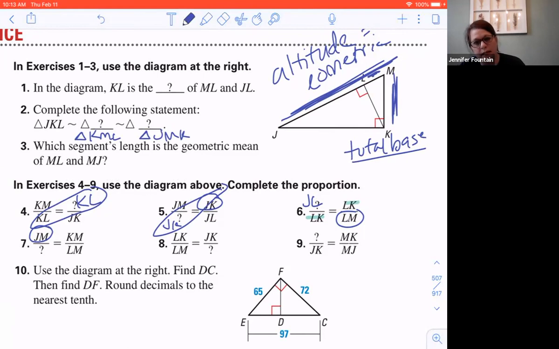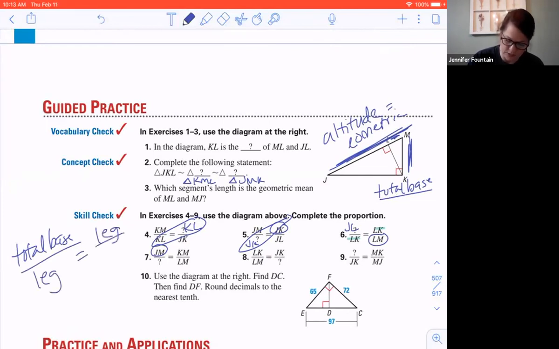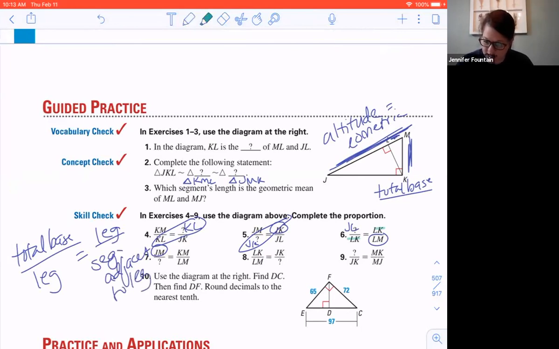So what needs to be repeating there? Remember how I said total base over leg equals leg over segment adjacent to the leg. So in this situation, I can see that JM, that's my total base.